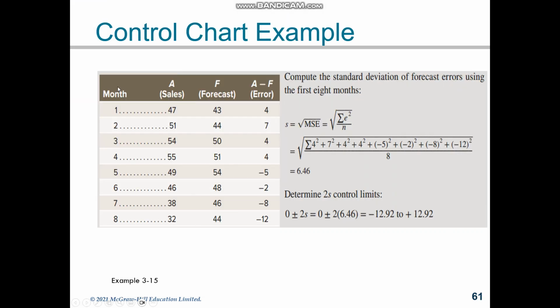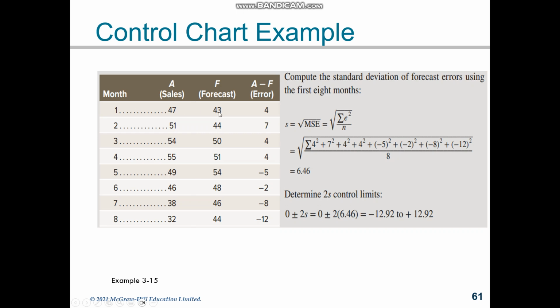Here we have the actual data for 8 different months, and we have made a forecast using one of the techniques that we have learned. Now we need to control the forecast to see if the technique that we have selected is working well or not.